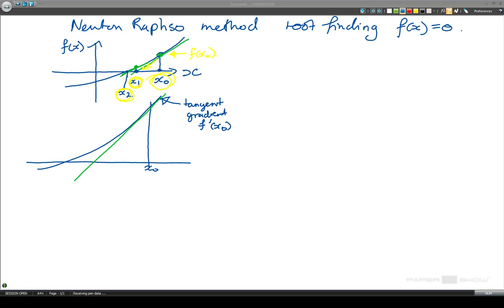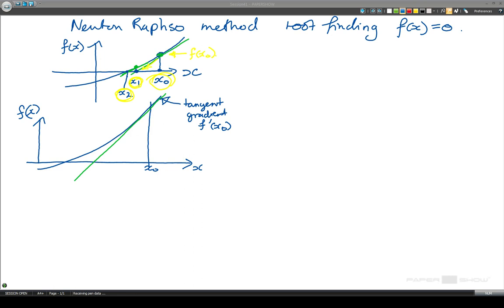If we're finding the gradient of a function, I'll just label this again, f of x, and this is x going along here. If we're finding a gradient of a function, what we can do is differentiate the function and then pop in the value of x and the gradient function will tell us what we need to know.